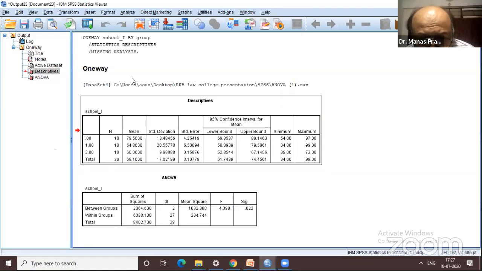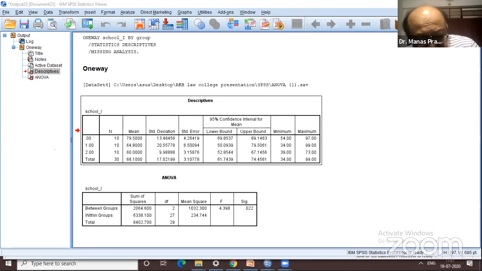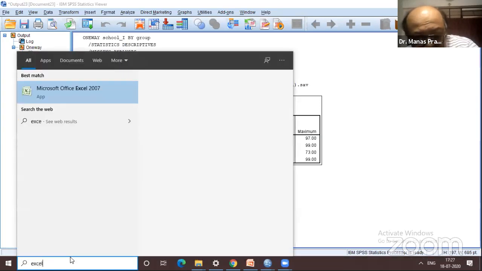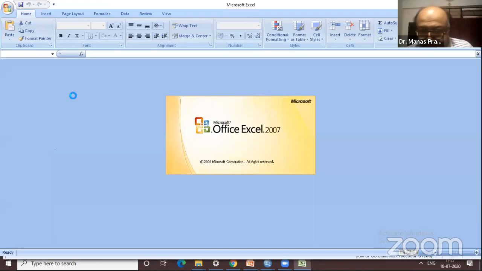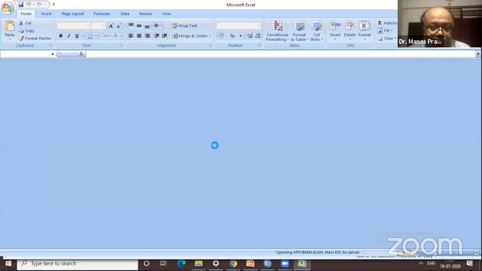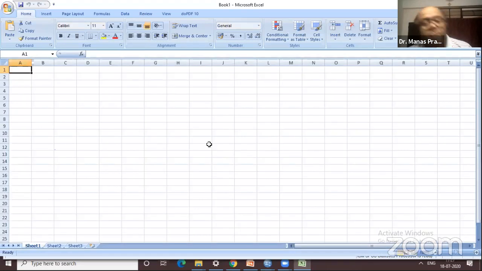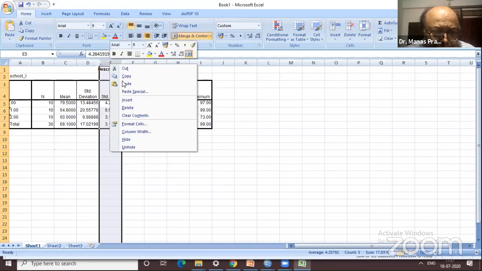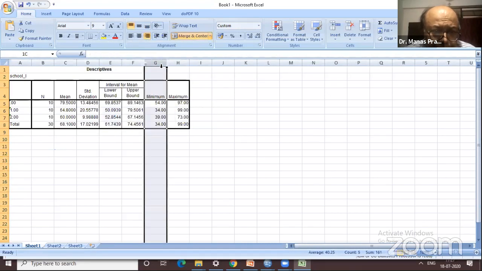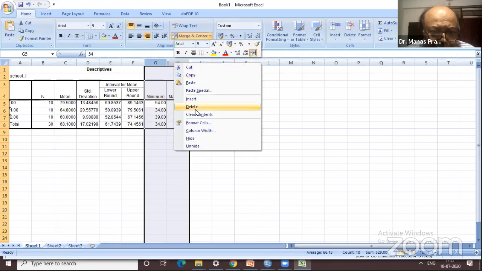If we don't need to present all these things, just copy it to Excel. So copy. You can give this also, no problem. Confidence interval you can give. Maximum, minimum, I think it is not needed.